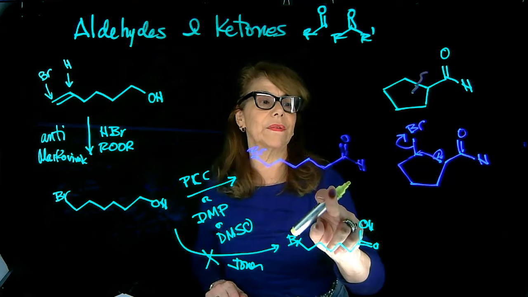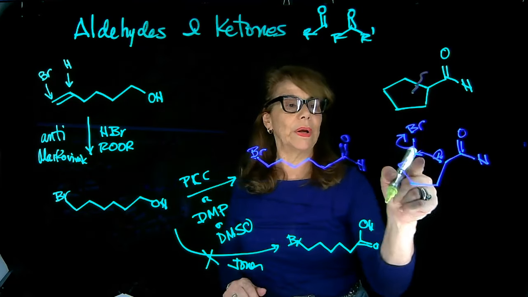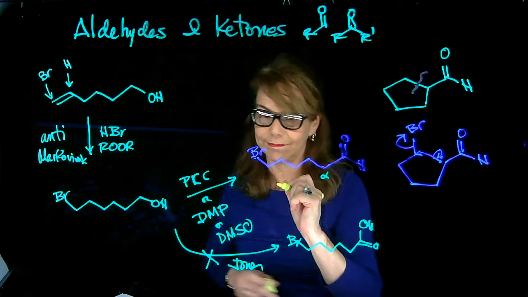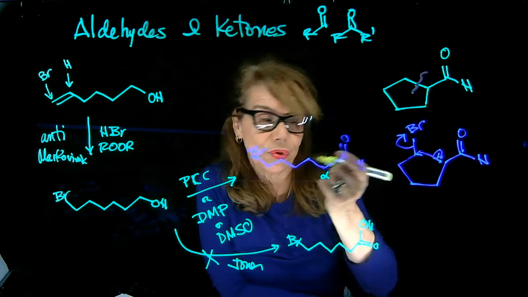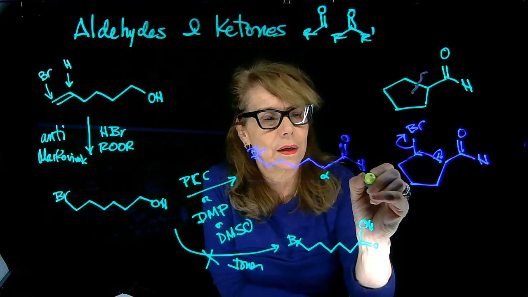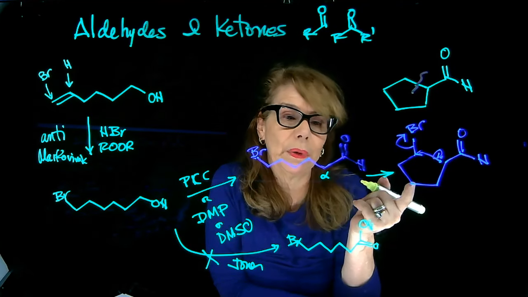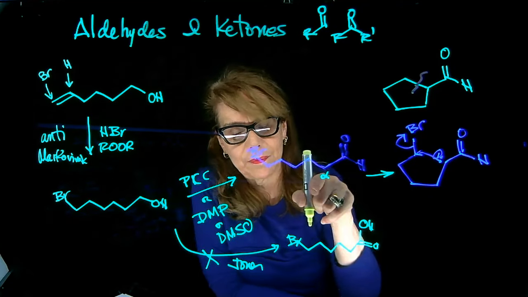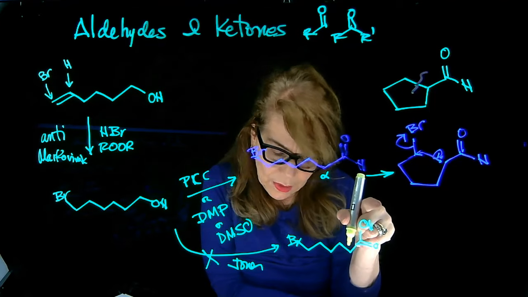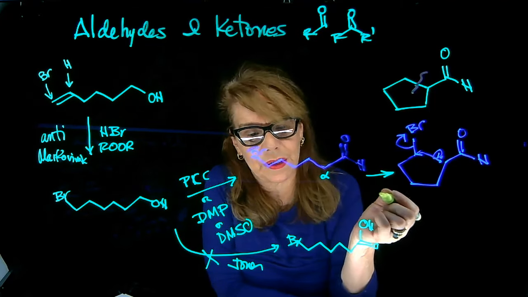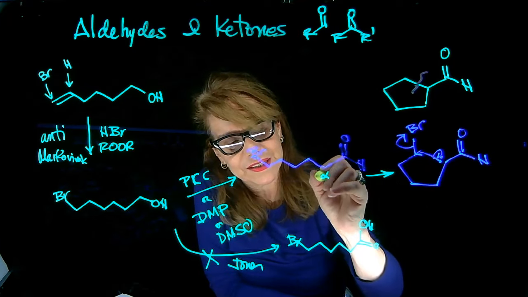Once I am here, then how do I get this anion? Remember that this is your alpha hydrogen. So you can use a base. And to choose that base, we need to remember that the pKa of the hydrogens next to a carbonyl, aldehyde or ketone, are between, say, 19 and 20.